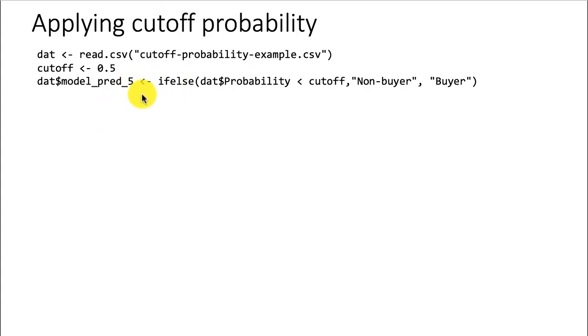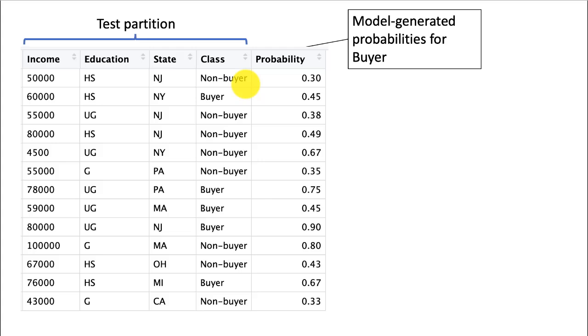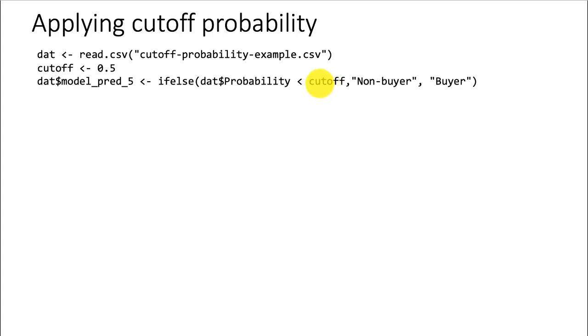So we say ifelse(dat$probability, that's the name of the column. If we go back to our previous slide, this is the column probability. So we are saying ifelse(dat$probability < cutoff, which happens to be 0.5, then the result is non-buyer, otherwise the result is buyer. So that's how the ifelse function works.